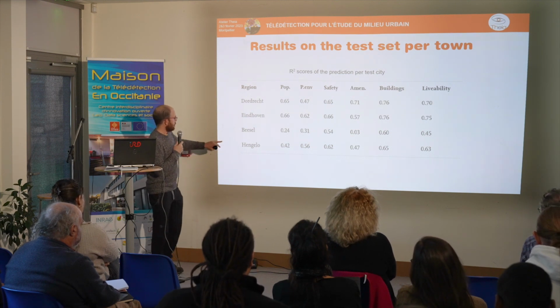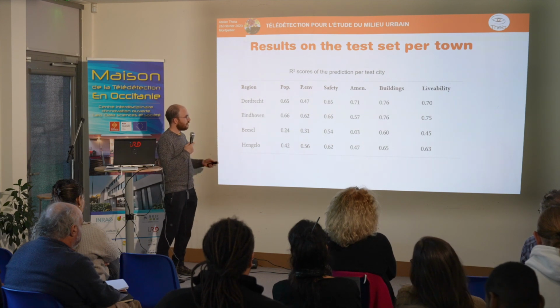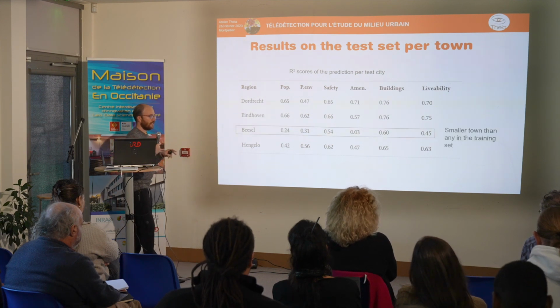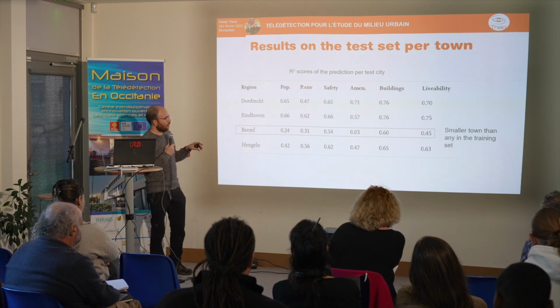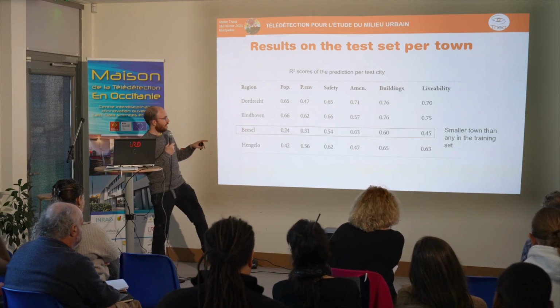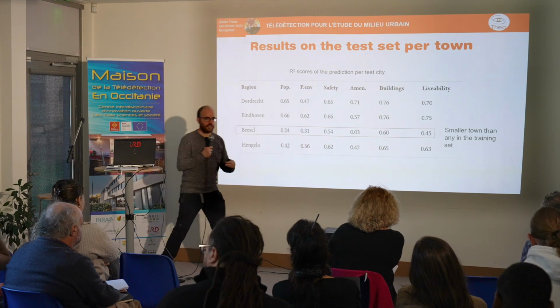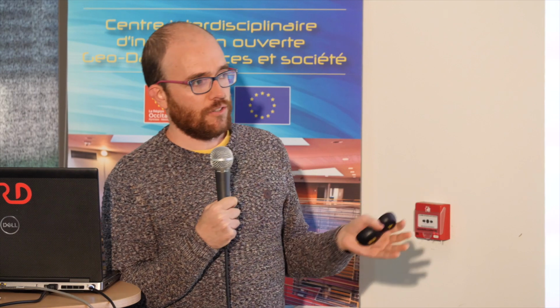But then, for instance, Basel is a lot smaller than any of the other cities that it was trained on. So we see that most of the scores are substantially lower, and in particular the amenities, like distance to hospitals, distance to a train station, is basically 0. So it's not able to generalize at all with respect to that, which is also not a surprise given that it often captures aspects that cannot be seen within the image patch.